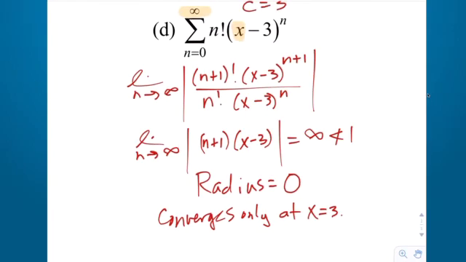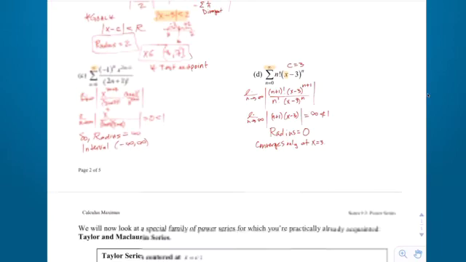So this makes a good multiple choice question. It could say this series converges for what values? And of course, it could be all real numbers, no values of x, or just at x equals 3. So that's why you have to remember, even if the radius is 0, even if this is never true, the series will still converge at the center, still at that 1 point.